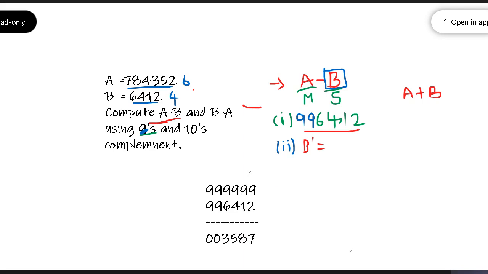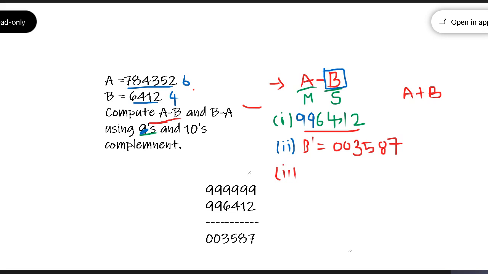Now what is the next step? B dash, I found the nines complement, that is nothing but 0, 0, 3, 5, 8, 7. What is the third step?